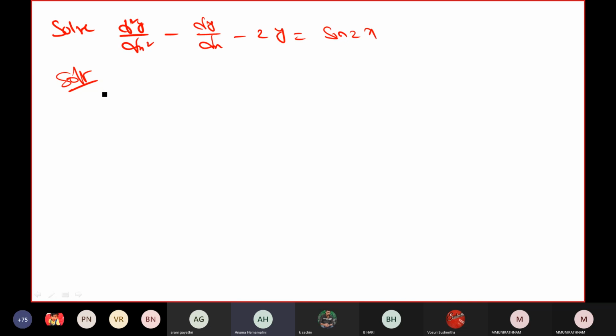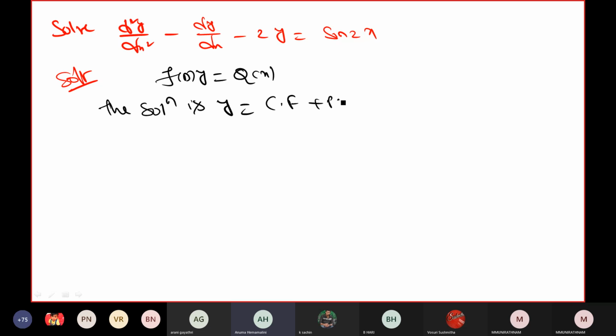What are the roots of auxiliary equation? Anyone? Very good. So which is also formed in the form of f of d into y equal to q of x. The solution is y equal to cf plus pi, right?